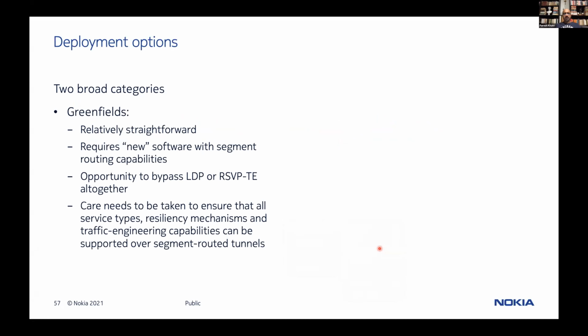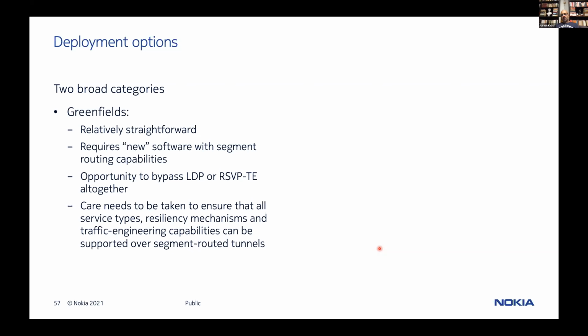For a lot of large operators, the advent of 5G and the necessity to build a brand new 5G transport network has meant that they've built greenfield networks for 5G transport between the radio access network and the core, and so on. So this is not a theoretical thing. It actually has been an option for a lot of operators.